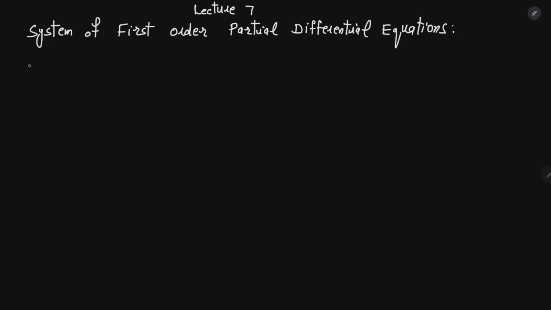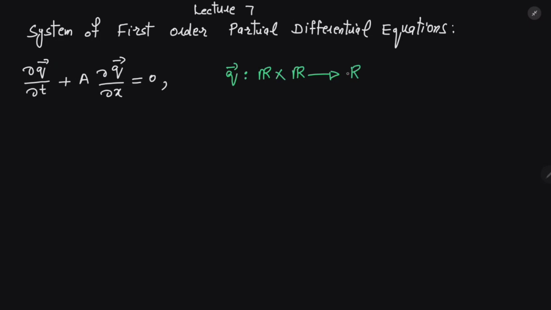We write a system of partial differential equations like this: partial q vector by partial t plus A partial q vector by partial x is equal to 0, where q vector takes a value from R cross R as an input, and the output is R raised to power m.